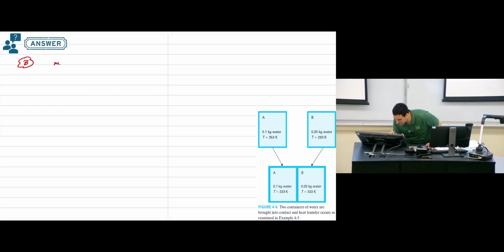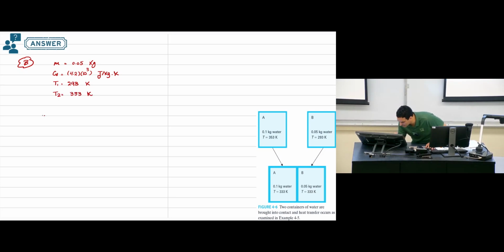So for vessel B, we have mass 0.05 kilogram. CV is the same, 4.2 times 10 to the power 3 joule per kilogram Kelvin. T1 is 293 Kelvin. T2 is 333 Kelvin.